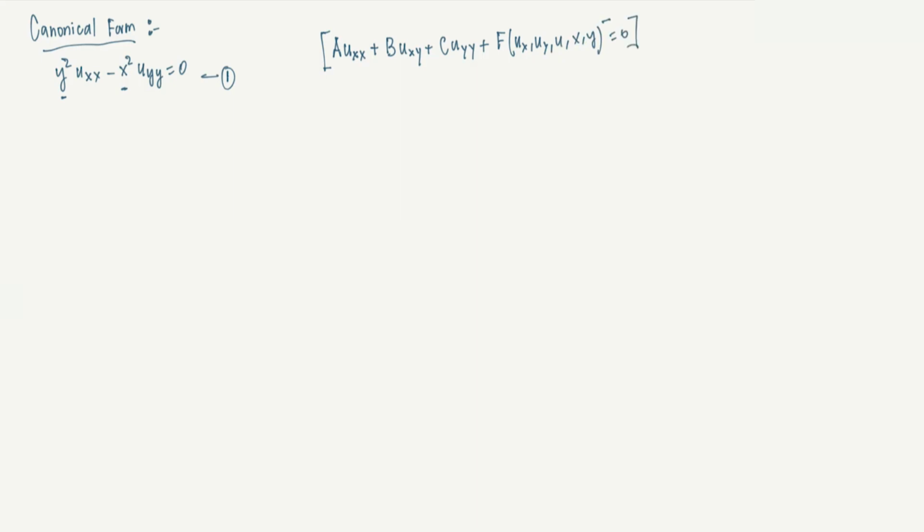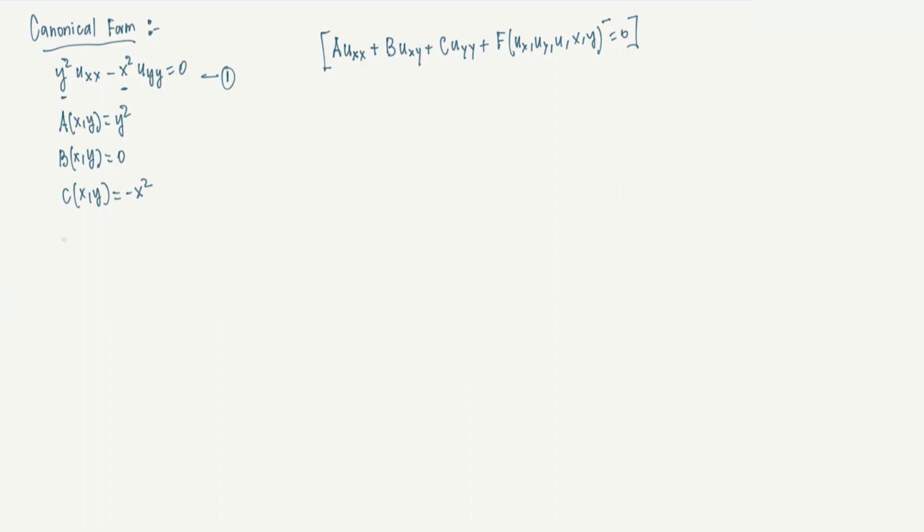You have to understand that the nature of this equation depends on a, b and c only. So if we compare this with the general form, a of x,y is only y square, b of x,y is 0, and c of x,y is minus x square.